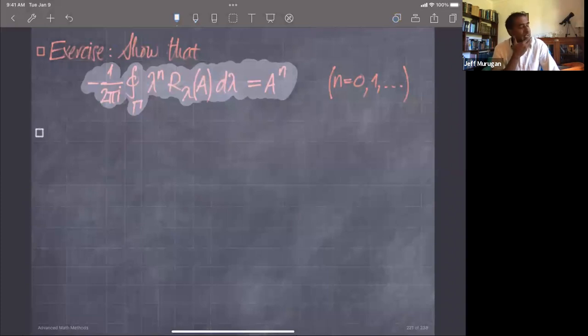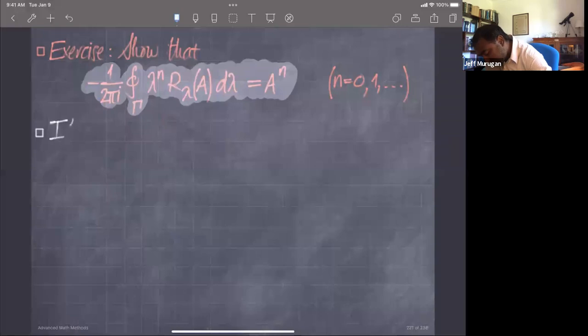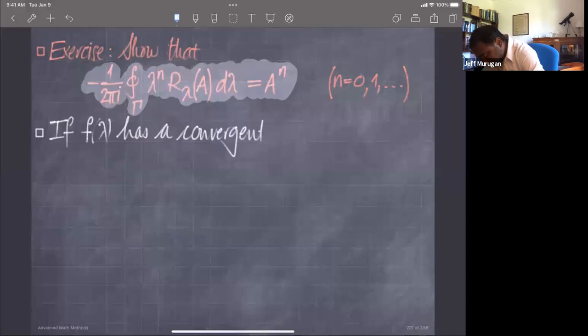Well, if I have the nth power of lambda, it should be fairly clear that if I have some function that has a convergent power series expansion, let's call this f of lambda, then this expression means that if f of lambda has a convergent power series, lambda here, remember, is just some number.